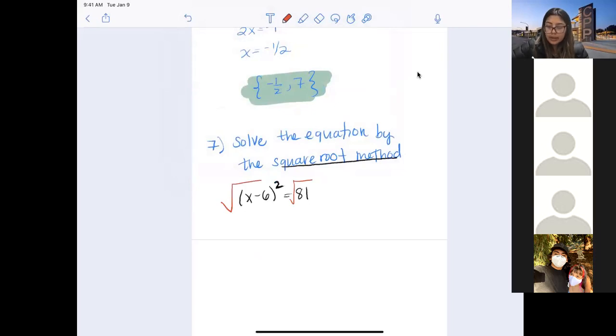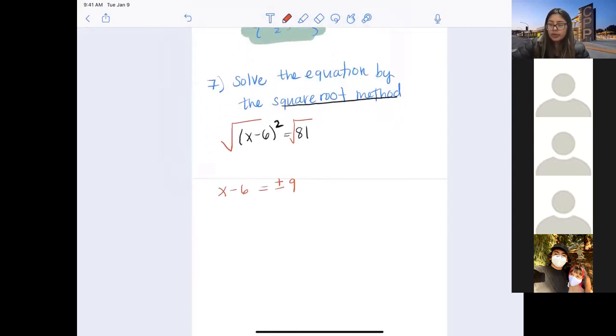When I do that, the square and the square root cancel. I'm left with x minus 6 is equal to plus or minus 9. 81 has the positive and the negative root of 9. So technically, this becomes 2 different equations. x minus 6 is equal to 9, and x minus 6 is equal to negative 9.